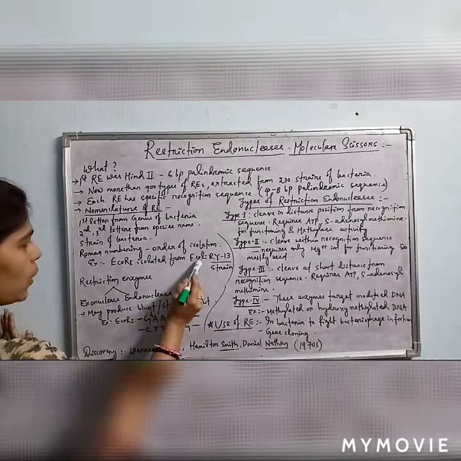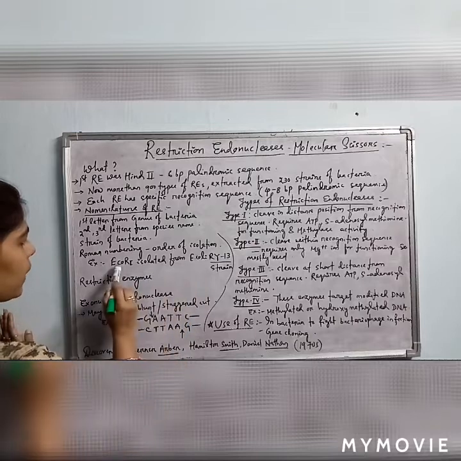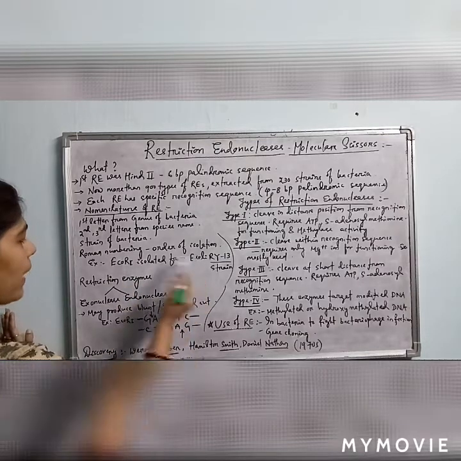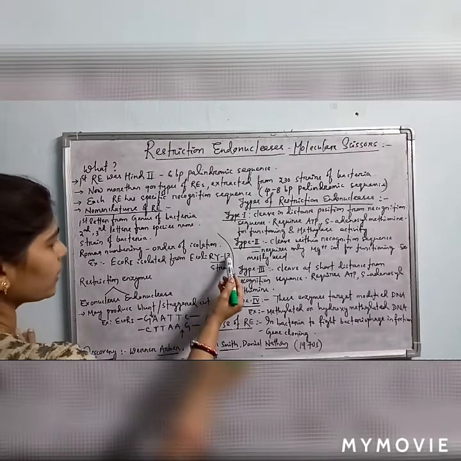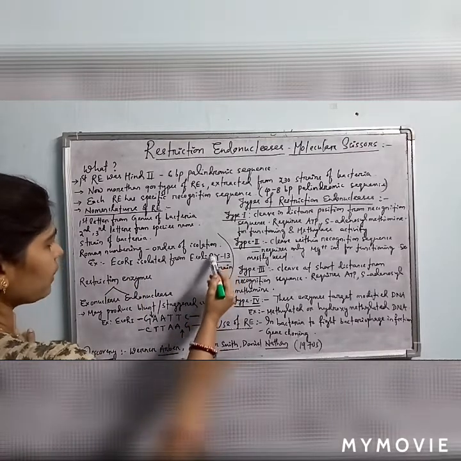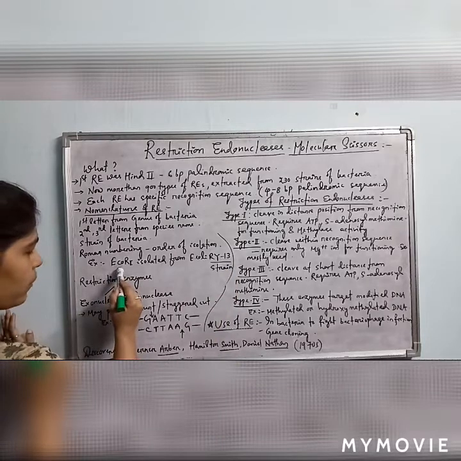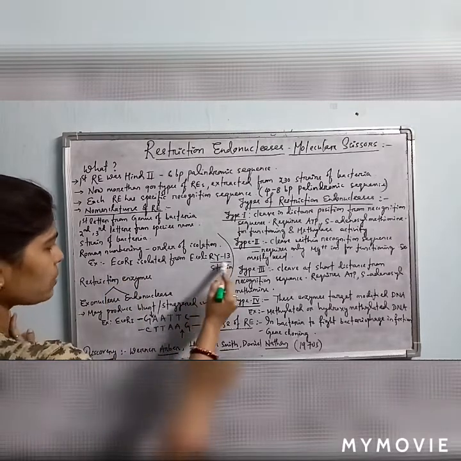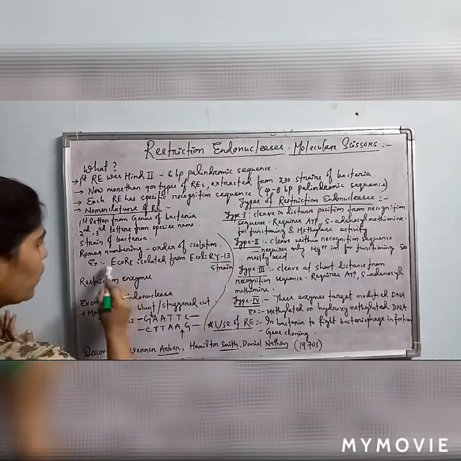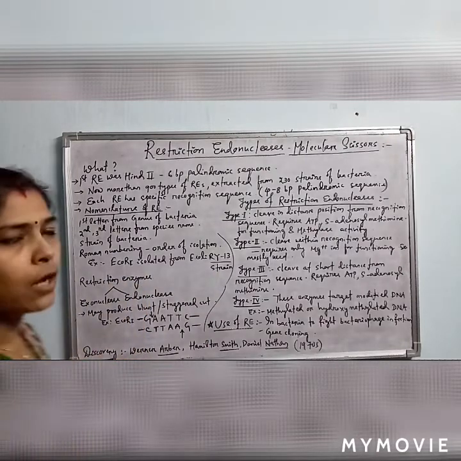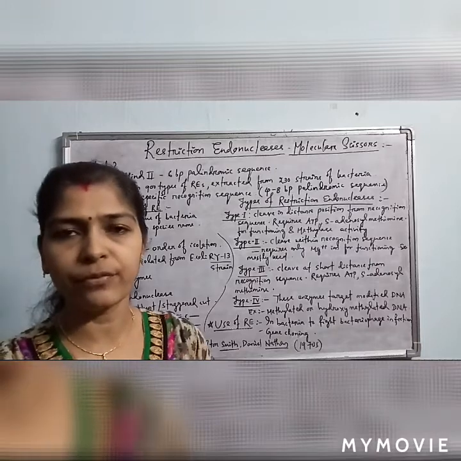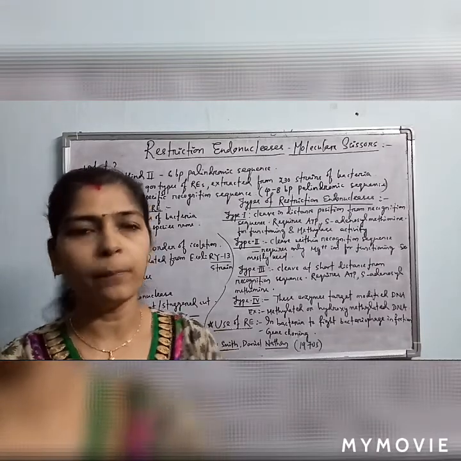From coli, C-O, the second and third letters of the enzyme are from the species. And R1, R is from the strain. The strain is RY13. This is the strain of the bacteria from which EcoR1 was extracted. Okay, so from this strain name RY13, this R has been taken. So EcoR, and 1, this is the Roman numeral. It is based upon the order of isolation. Meaning this is the first enzyme isolated from the E. coli RY13 strain.